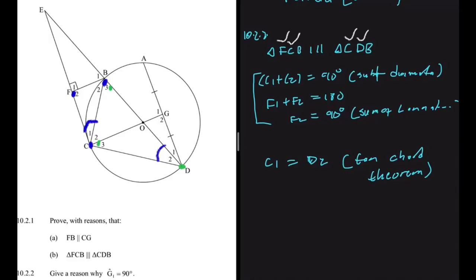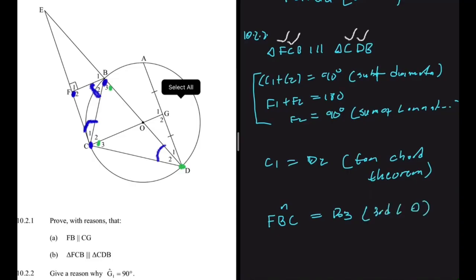Lastly, we can say that angle FBC, this third angle of triangle FCB, is equal to angle B3, which is in triangle CBD. Why are we saying that about the third angle of a triangle?